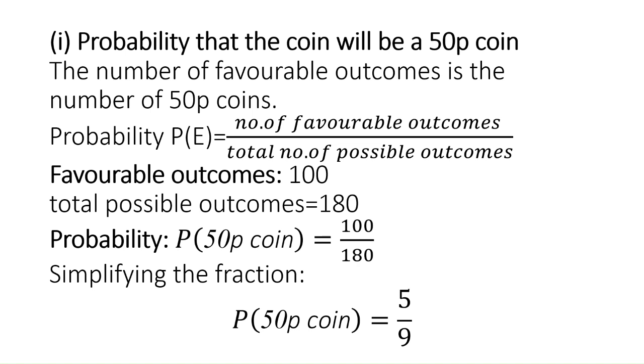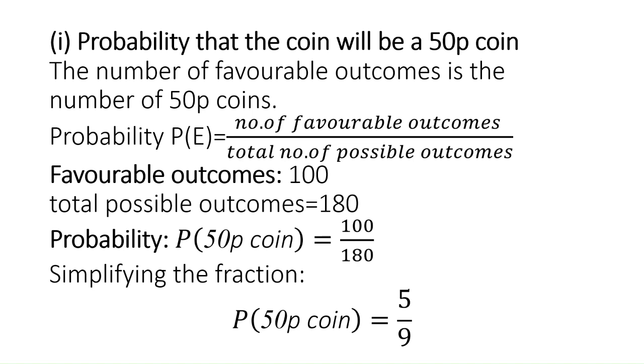When the kiddy bank is turned upside down, a coin will fall out, definitely. If it should be a 50 paise coin, the total number of favorable outcomes will be the number of 50 paise coins only. We have 100 50 paise coins, so favorable outcomes will be 100. Total possible outcomes are 180, the total number of coins there.